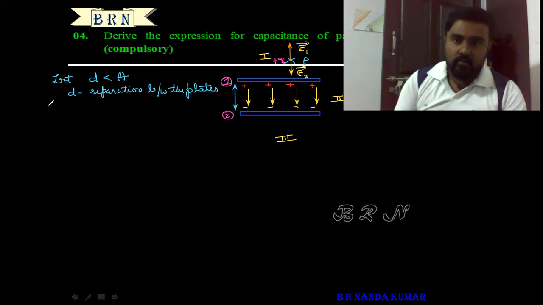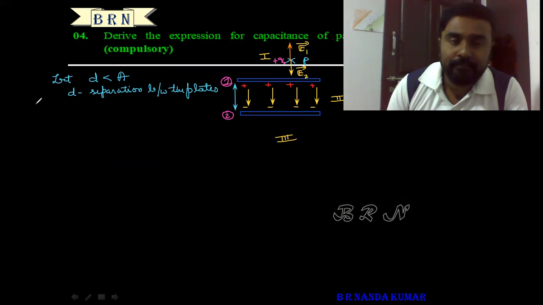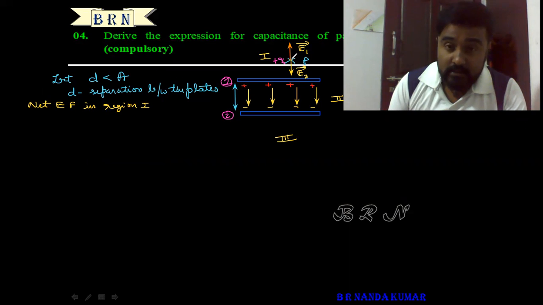So in region 1, what is the net electric field to be calculated? Two electric fields act at the same point in opposite directions. So to calculate the resultant electric field we take the difference: E is equal to E1 minus E2. E1 is the electric intensity at the point due to sheet 1.